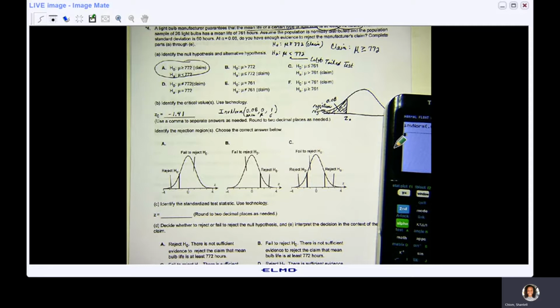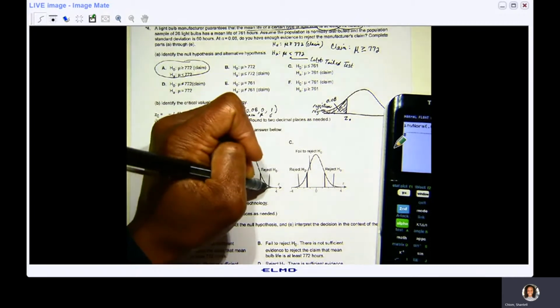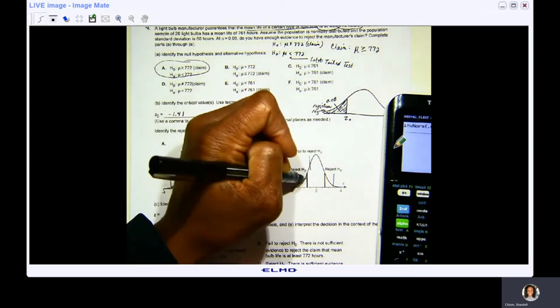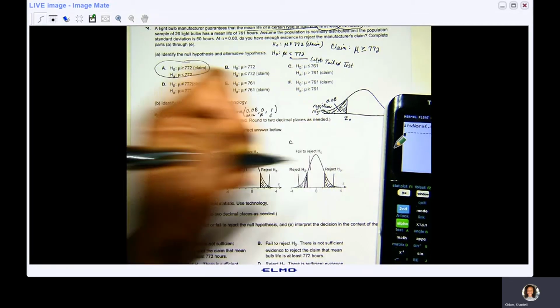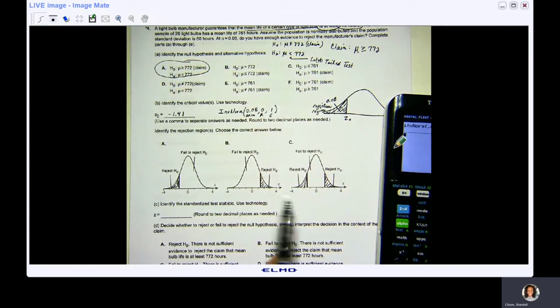On the computer, you can see these regions a little better. They're actually shaded, so you can see what's shaded and what is not. So each of these pictures has a fail to reject region, which is the unshaded region, and a reject region, which is the shaded region.